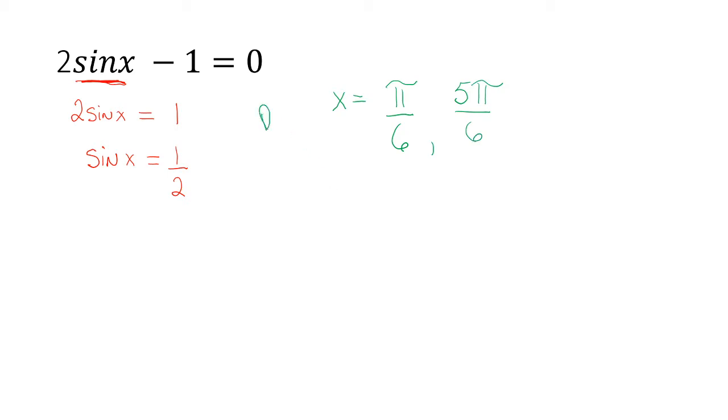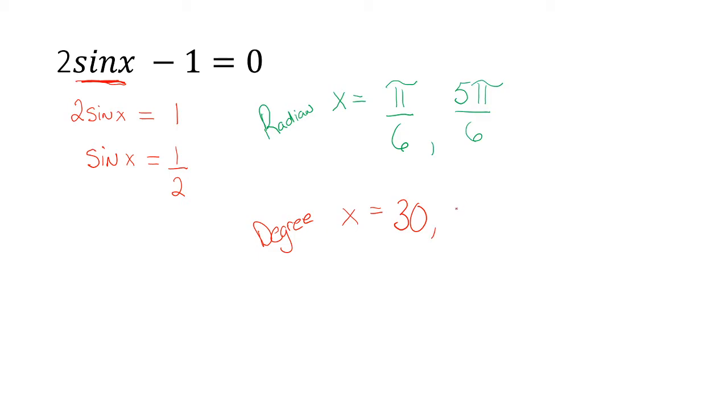That's in radian form. Sometimes your textbook wants an answer in radian form. Sometimes it wants it in degree form. If your trig chart has both radian form and degree form, you have no need of doing the conversion. But pi over 6 in degree form is 30 degrees.